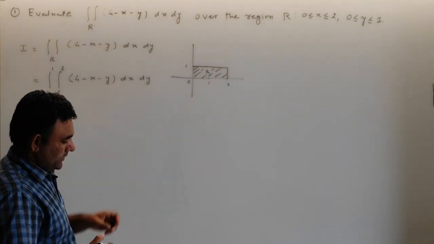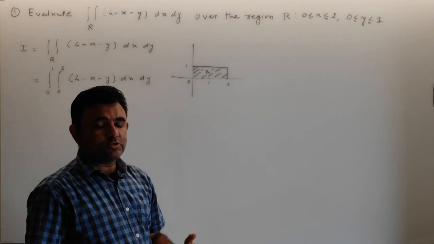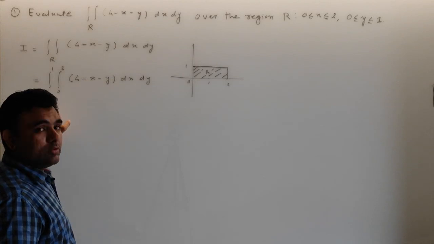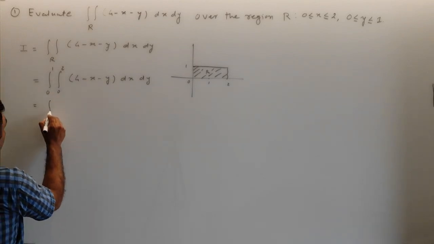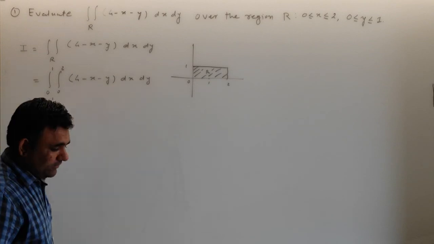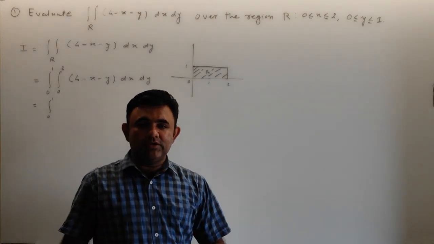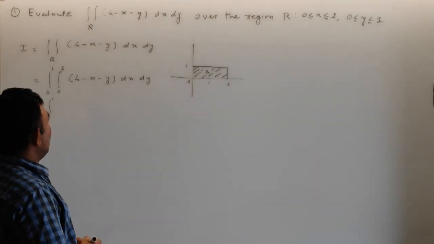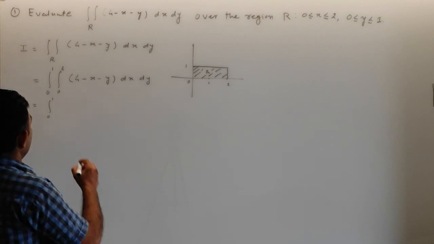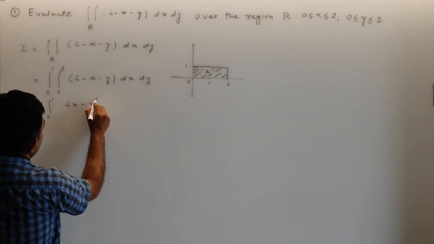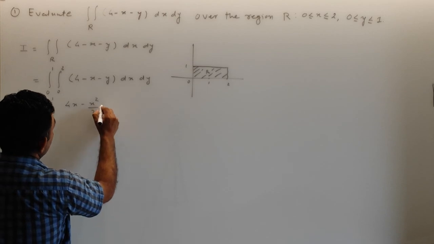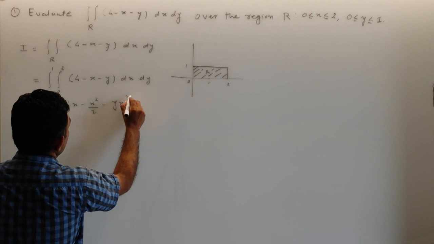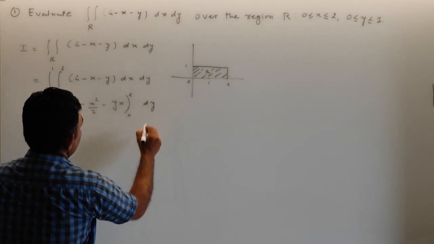Here limits of both the variables are constant, so we can integrate in any order. Let us first integrate with respect to x, then with respect to y. Whenever we integrate with respect to x, we treat the other variable, here y, as constant. So it is 4x minus x square by 2 minus yx, limit 0 to 2, dy.